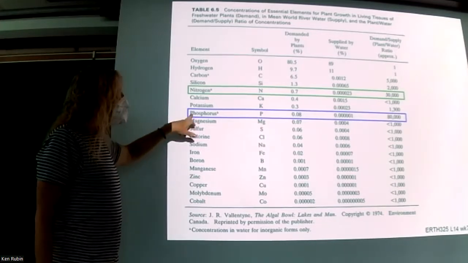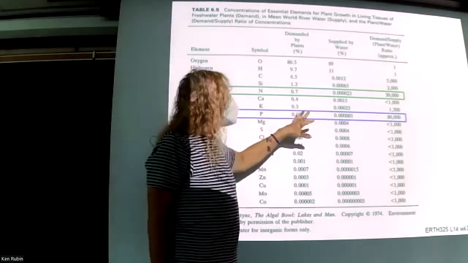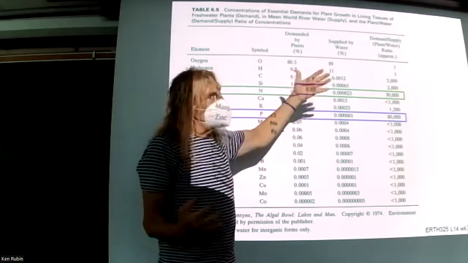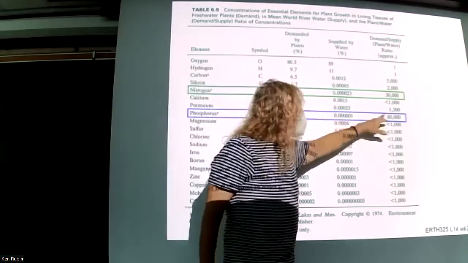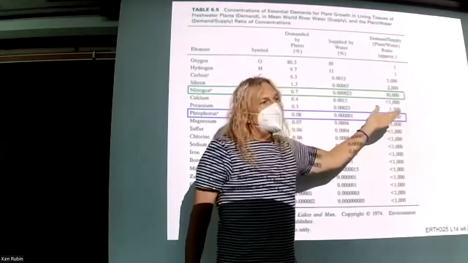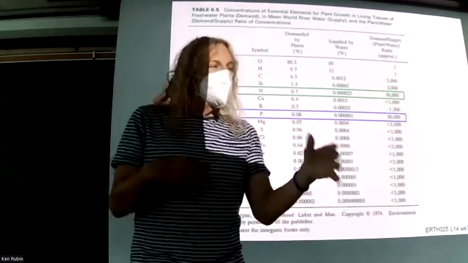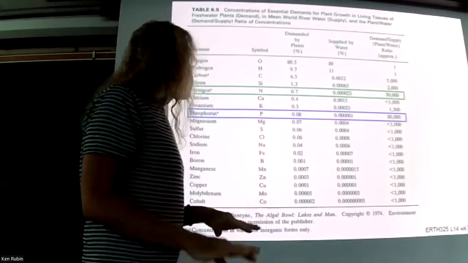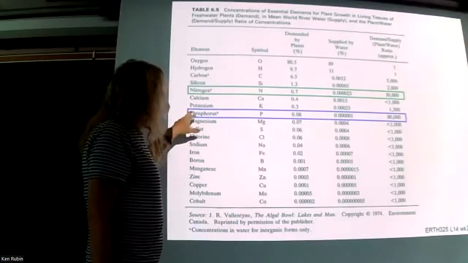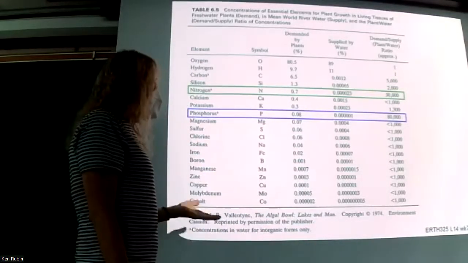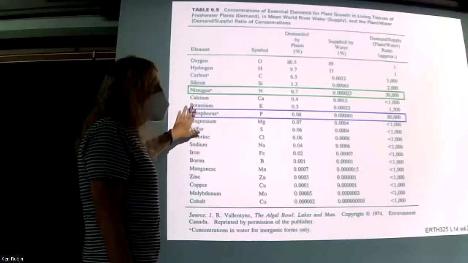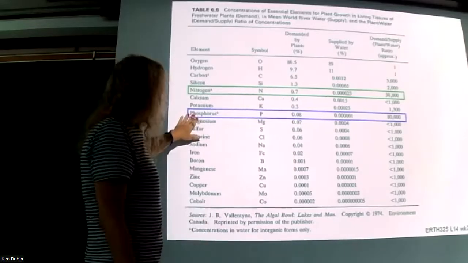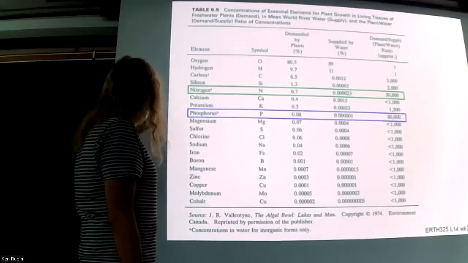You can see here that the phosphorus demand ratio, demand over supply, is higher. That's what makes it limited, right? Plants need more in a relative sense than they're getting in an unperturbed environment. So if we add extra phosphorus, we can add extra photosynthesis, and then extra respiration, because that thing's been holding it back.